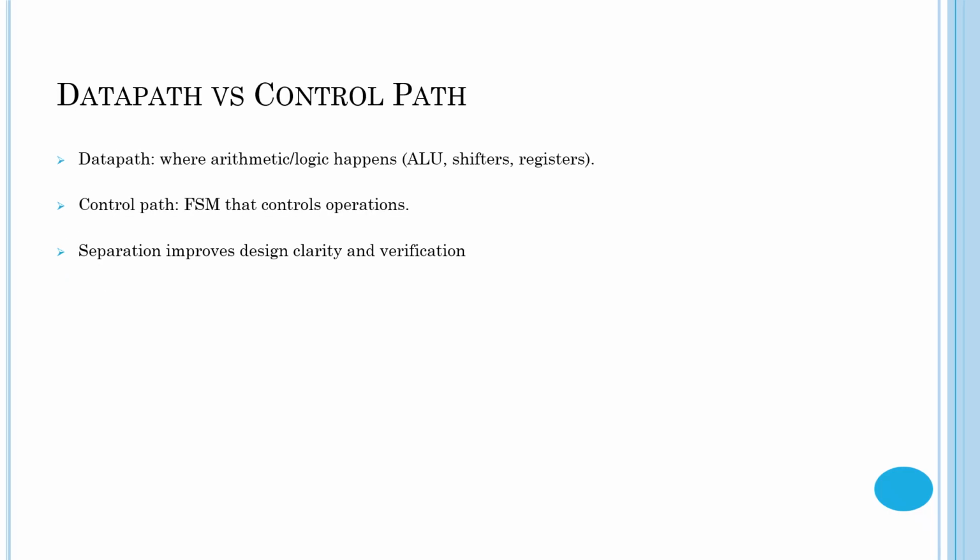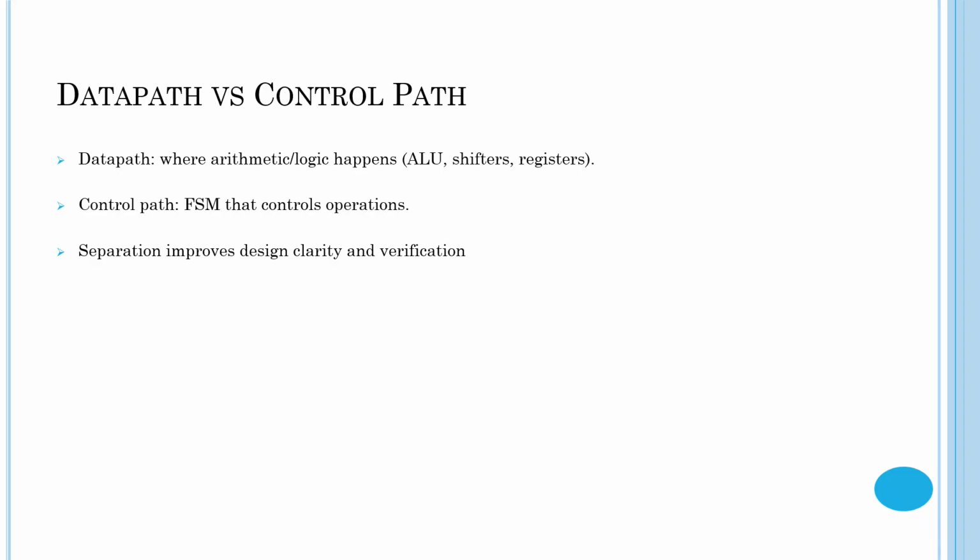In digital RTL design, a system is usually divided into two major parts, the data path and the control path. Understanding the difference between them is essential for clean, scalable, and easy to verify hardware design. The data path is the section where all actual computation happens.